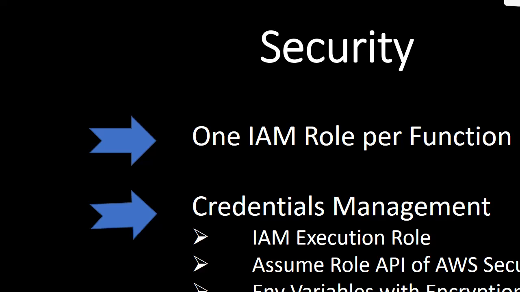Next topic is deployment access control. So when we set up the CI/CD for Lambda, we will mainly be calling two APIs. One is update function code and one is update alias.